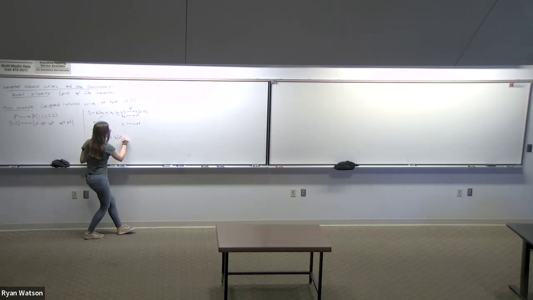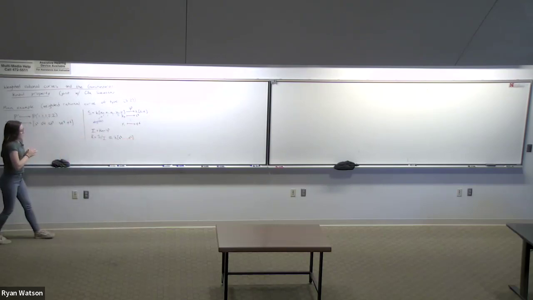So s cubed, etc., all the way up to t to the 6th. And I'll say a little bit more later about where this map is coming from and what the other weighted rational curves would look like. But for now, I just want you to have at least one example in mind of the type of non-standard graded object that I'm interested in.